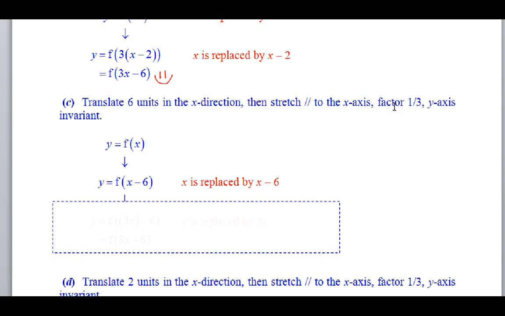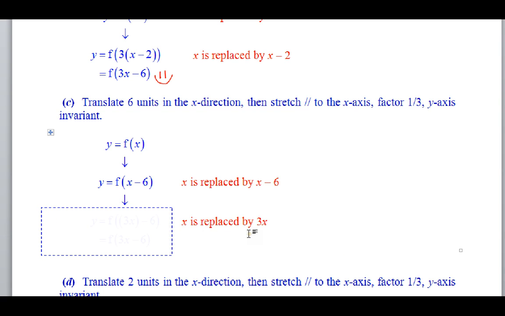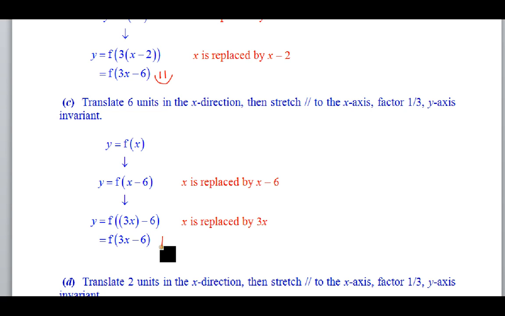It means that next step, I will replace x with 3x. This replacement is the critical step. If I replace x with 3x, that means I only replace this x. The 6 is unaffected. You know what I'm saying? The magic. Then you realize, miraculously, you get a happy face. That means this is what I want. So actually the order matters.